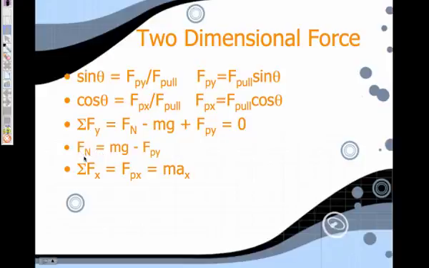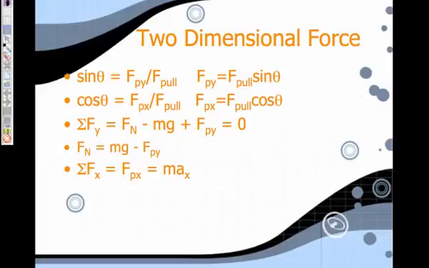The normal force, I misspoke before. Since we're not pulling horizontal to the ground, it's not equal to the weight. It's equal to weight minus the y force. Normal force is kind of like the apparent weight, just like the problems we did with the elevator.